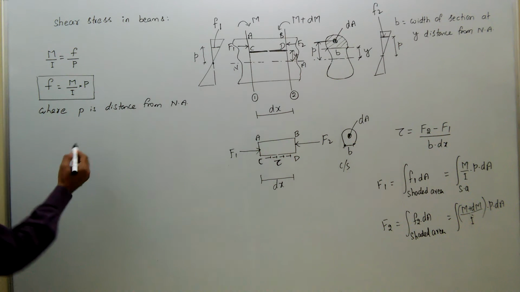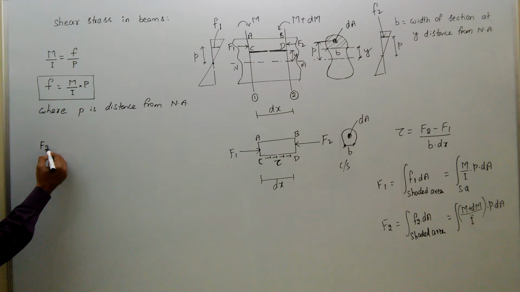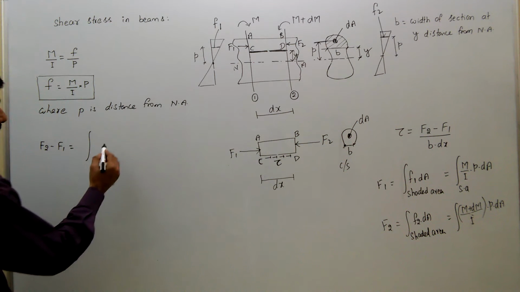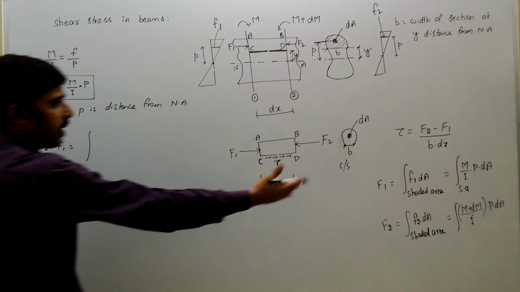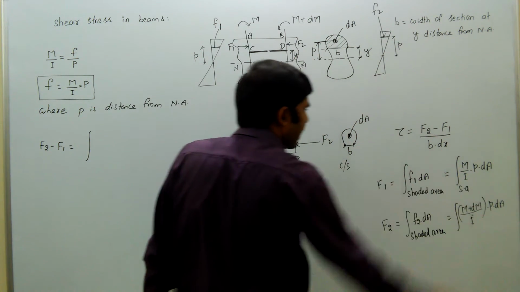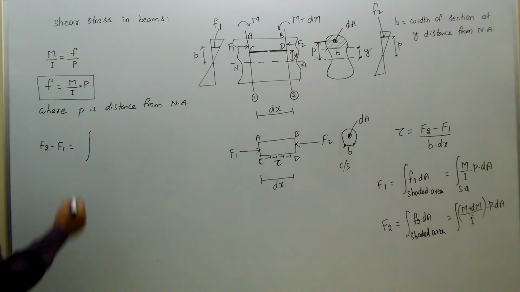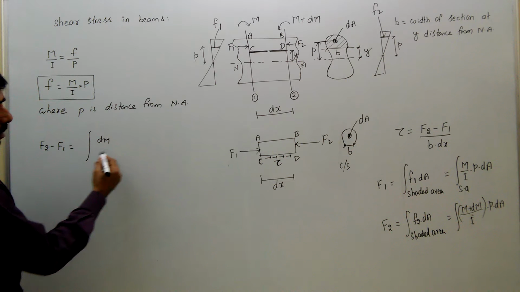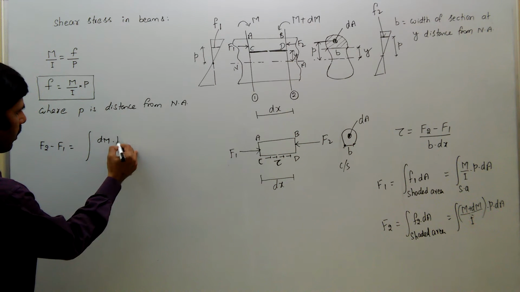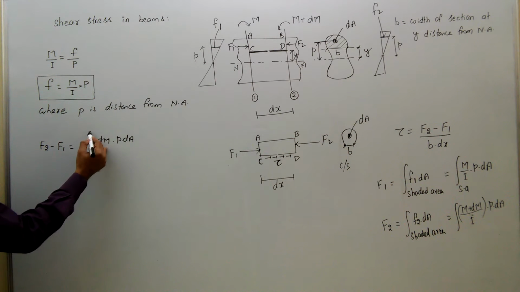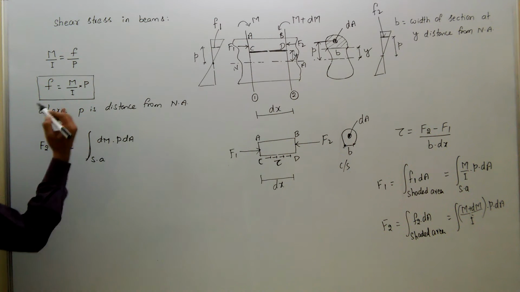We can take that into a single integral. The M by I p dA terms will get cancelled. So F2 minus F1 equals integral of dM by I into p dA, the integration over the shaded area.